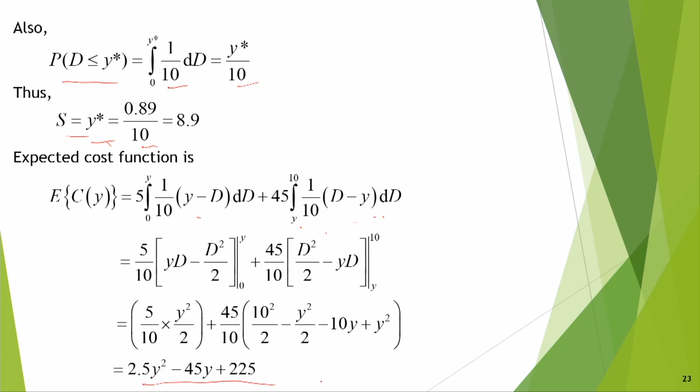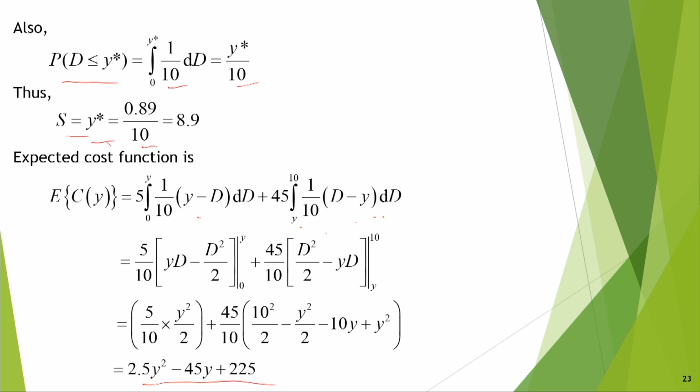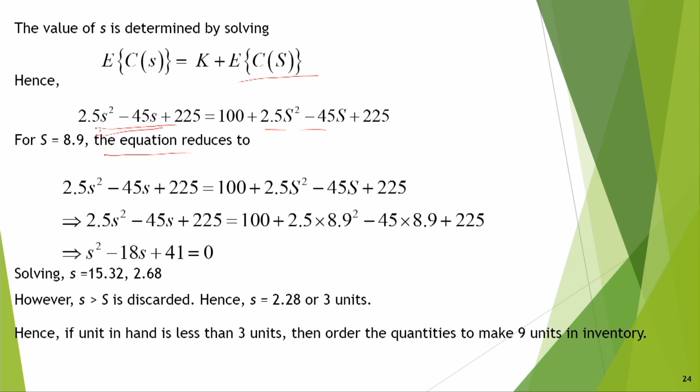So, this expression provides you this, and if we add the setup cost, EC(S) is equal to K plus EC(S). So, if I equate these two expressions, this is 2.5 S squared, this one. So, we get s, and we put S is equal to 8.9, because S has come as 8.9.